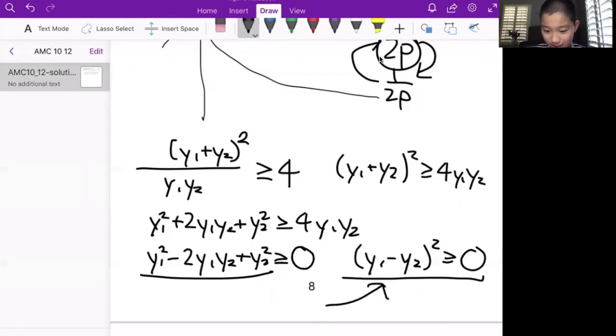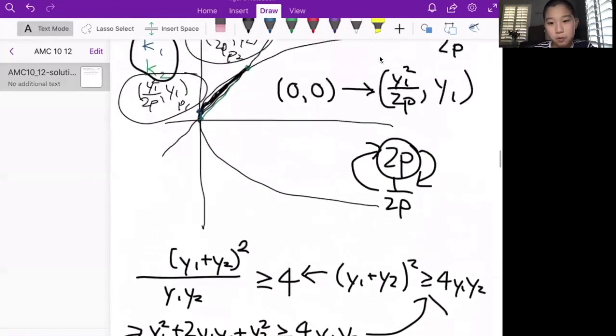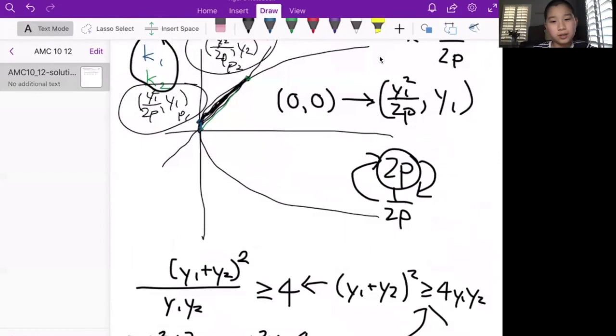You need to start with this and then go forwards all the way up to there. Going backwards you might do something that you shouldn't do, like for example square both sides when there's a minus on one side and a plus on the other, so that won't make sense. So that means the lower bound is 4.